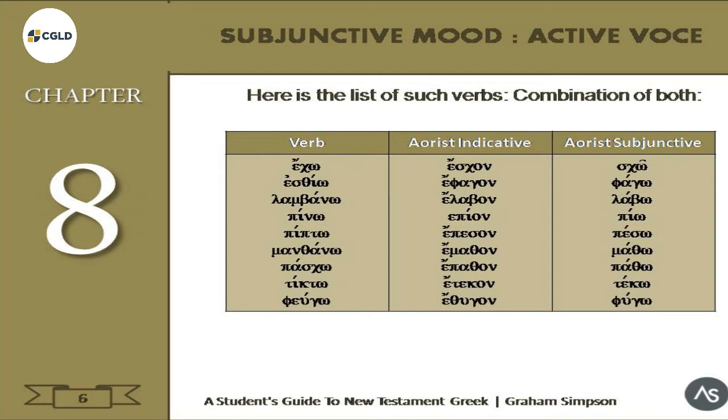Pasco becomes epathon in aorist indicative, and in aorist subjunctive it becomes patho. Tikto in aorist indicative becomes eteknon, and in aorist subjunctive it becomes tekno. Pheugo in aorist indicative becomes ephugon, but in aorist subjunctive it becomes phugo. Let us move forward.